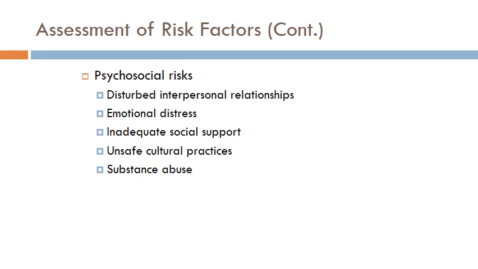Next, I'd like to talk about the psychosocial risks. These are disturbed interpersonal relationships, emotional distress. The patient may have inadequate social support, have unsafe cultural practices, or have substance abuse problems.